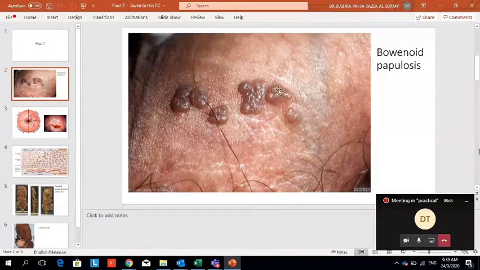So it is like an elevation of the lesion, a fleshy lesion.